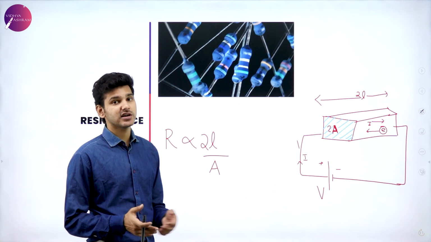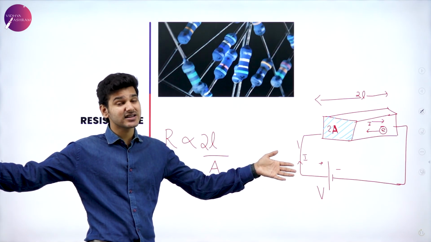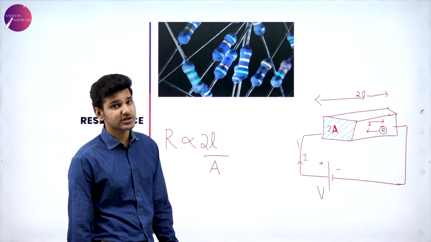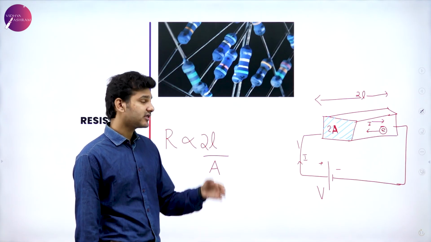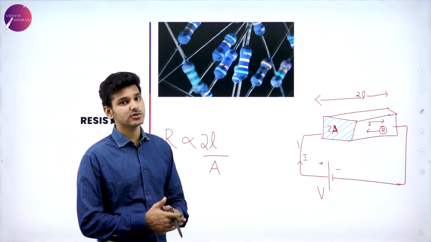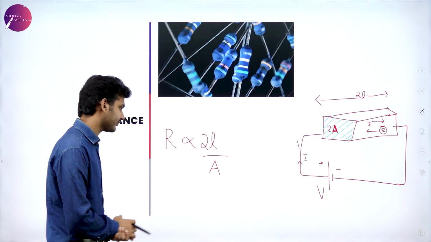So it was like crossing a small desert once, and now it's like crossing a larger desert. So that is the difference. The resistance is directly proportional to L. If you increase the length, then the resistance will also increase. It will be that much more difficult to cross that particular region, depending on the substance used.